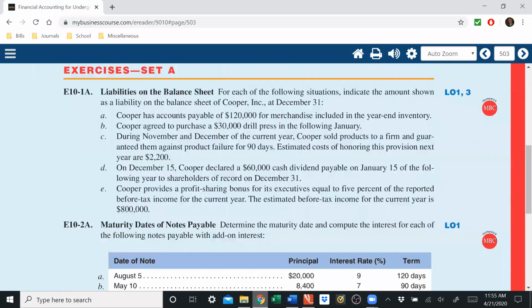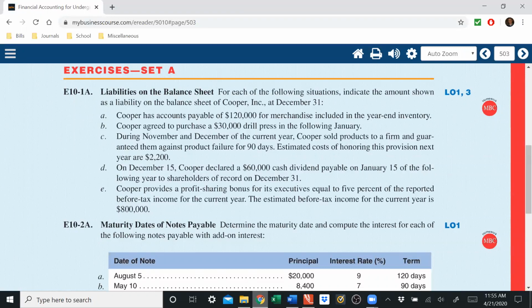And is there another one? Yeah, E. Cooper provides a profit sharing bonus for its executives that is equal to 5% of the reported before tax income for the current year. The estimated before tax income for the current year is $800,000. Is there a liability related to this situation? Yes.